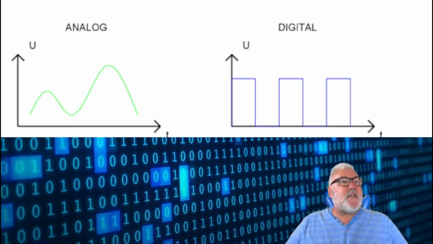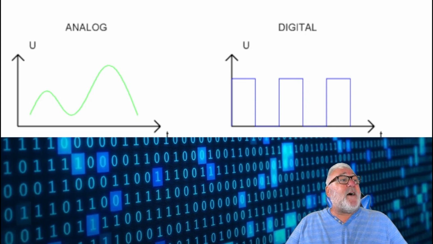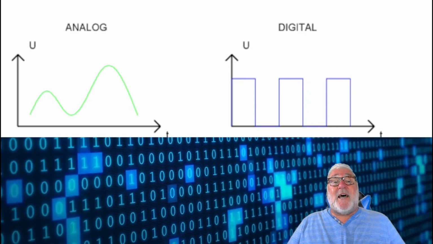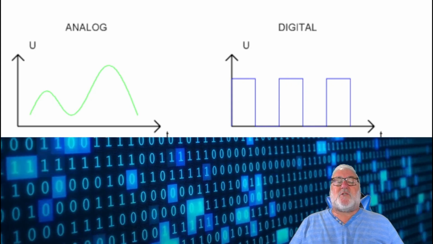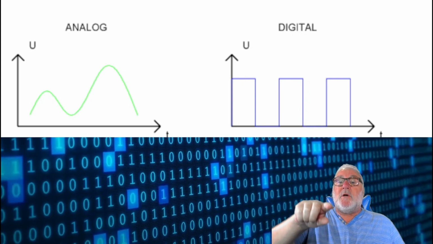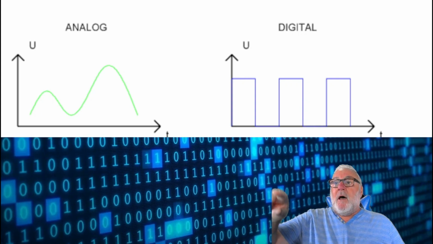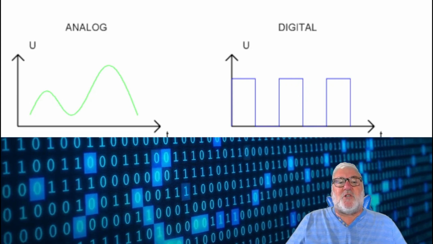Okay, as you can see, we have an analog signal and a digital signal. An analog signal is a continual wave. Best way to explain it, it goes up and down like the temperature during the day.